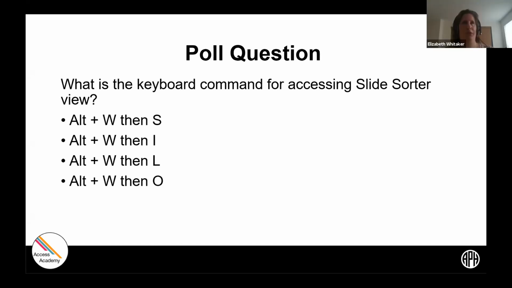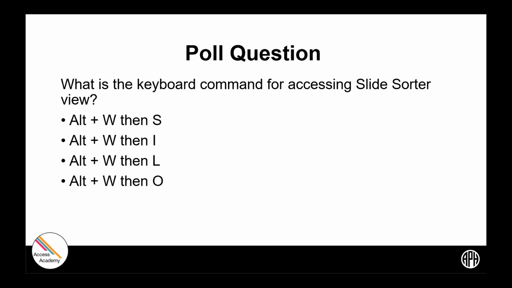Alt plus W, then I. Awesome, that was a tricky one. So Debbie, that should answer your question for slide sorter, that keystroke Alt plus W, then I. All right, so I'm going to end that poll.